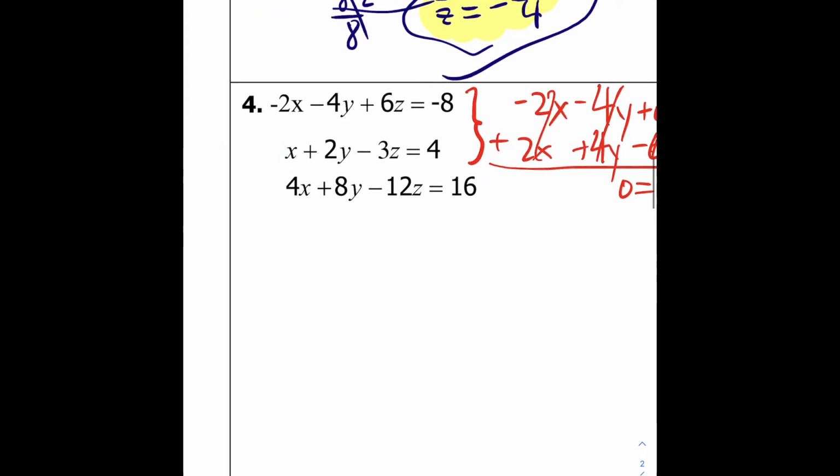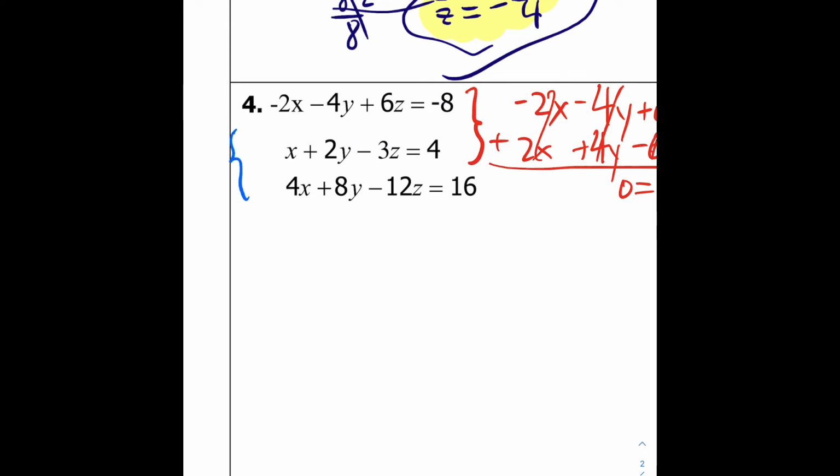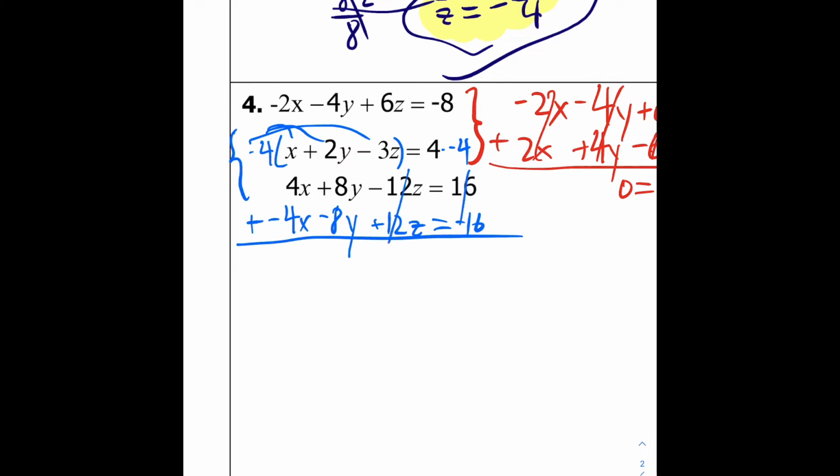Let me look at this bottom here. If I bracket these in blue, multiply both sides of this by negative 4, I get negative 4x minus 8y plus 12z equals negative 16. Notice that when I do that, these 2 equations cancel all the way too. We just get 0 equals 0.